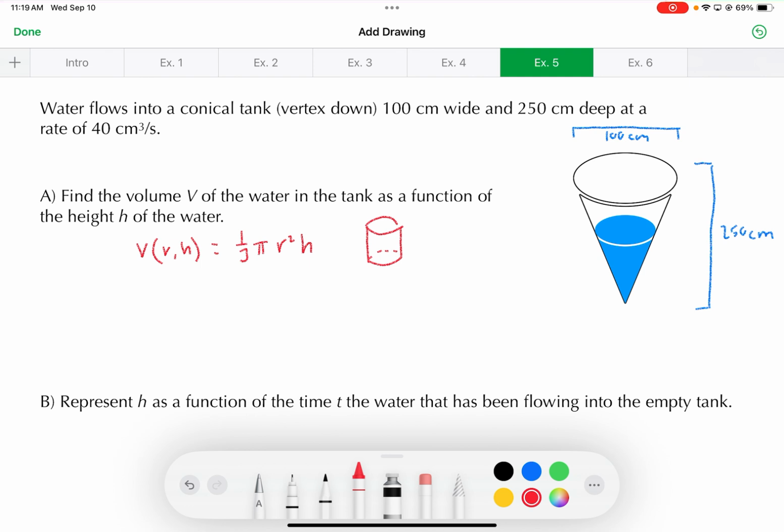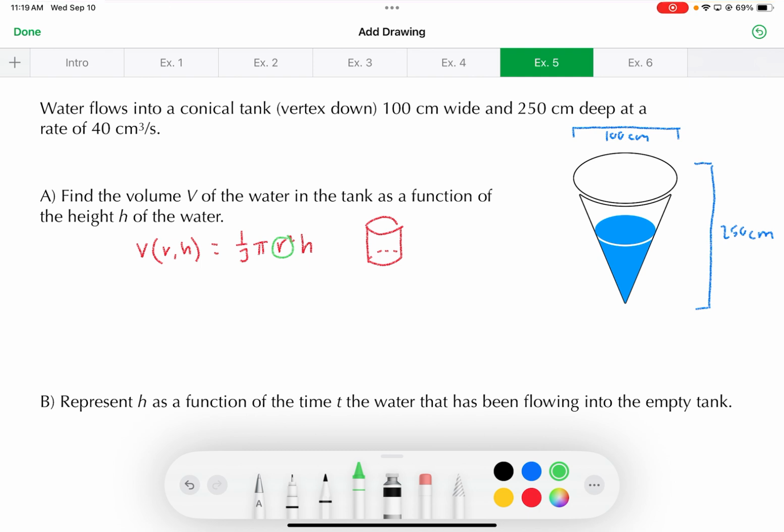Now that this is a cone, we need to end up taking 1/3 of that. All right, so it says express the volume within the tank as a function of just h of the water. So we need to be able to express the radius here in terms of h.